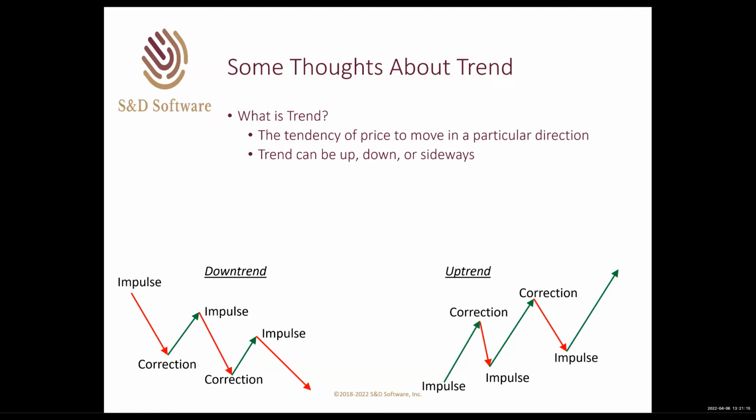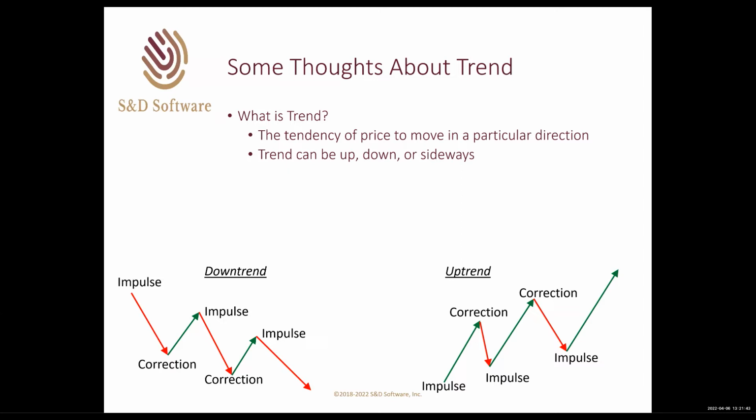So basically, what then is trend? Well, from our perspective as traders, trend is basically the tendency of price to move in a particular direction. And because we're traders, there's only 3 directions. Price can move up, down, or it can go sideways. Now, trend is composed of impulse moves and corrective moves. You've probably all heard that before.